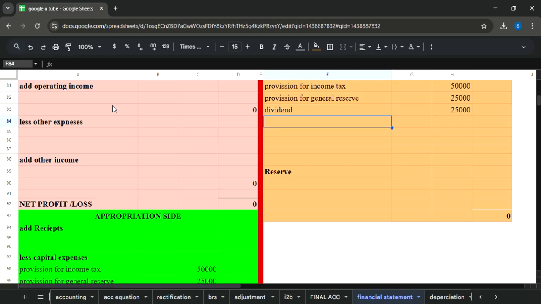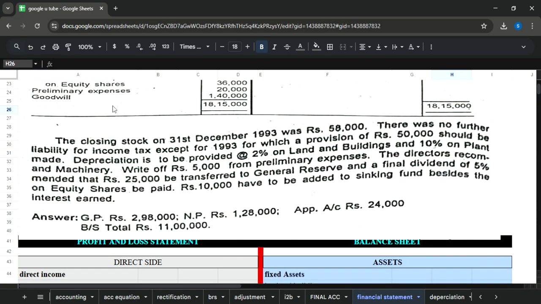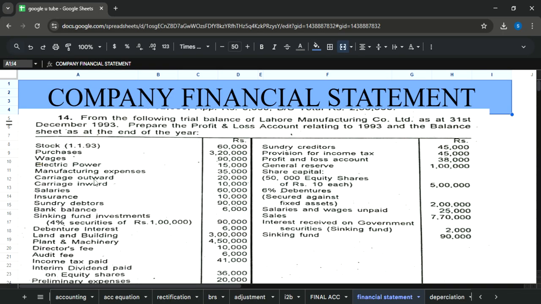Transfer to sinking fund reserve, 10,000 would also be entered on the current liability side. Two effects completed. In this way, all adjustments present in the paragraph with their double effects are completed, and we can now focus upon the elements present in the trial balance.